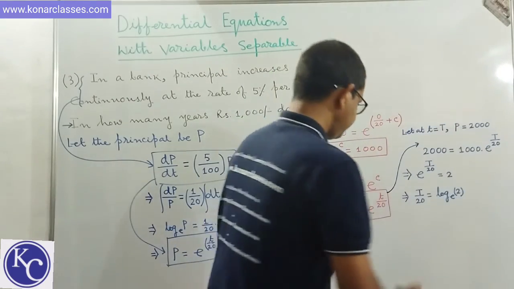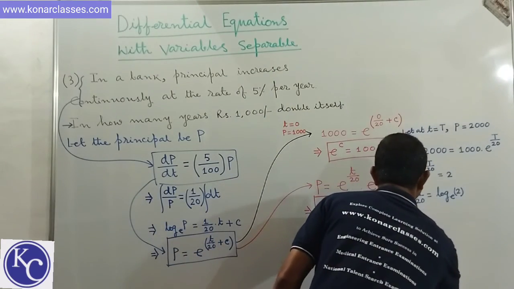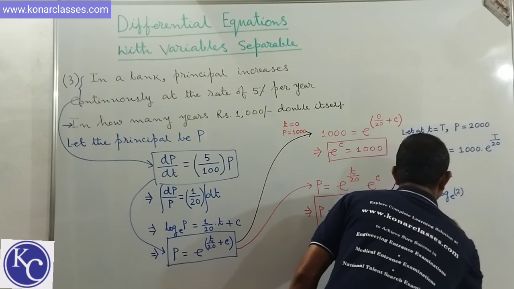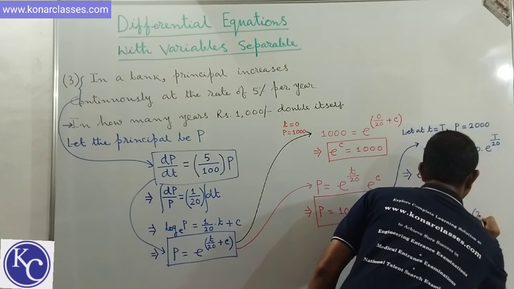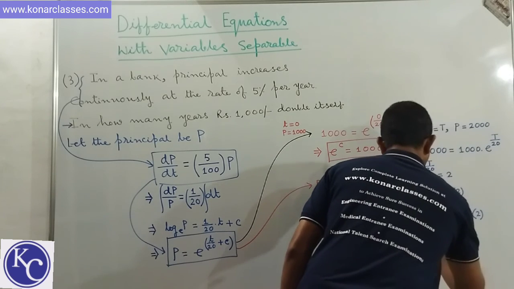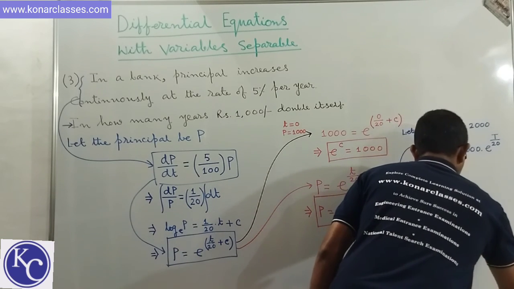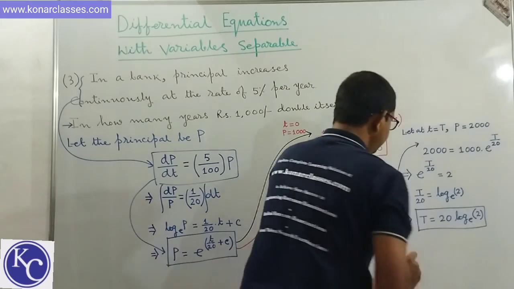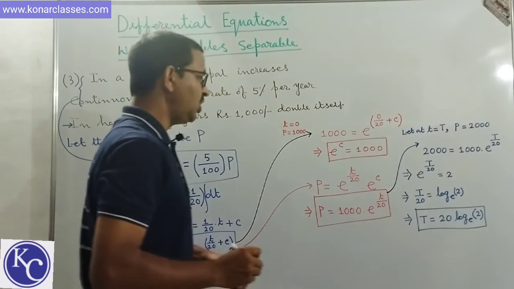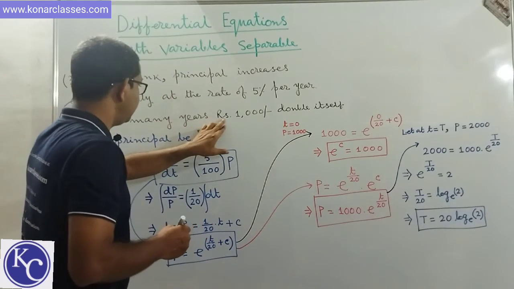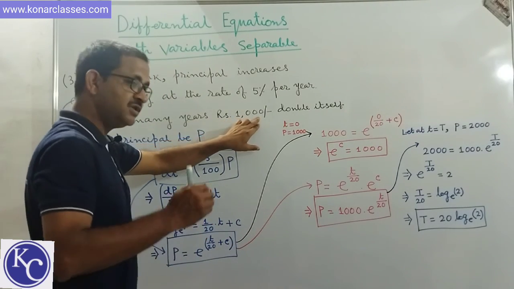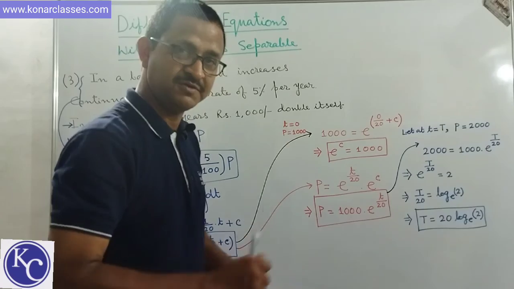So we get capital T is equal to 20 into log 2 base e. So that means, dear students, in this many years, that is 20 log 2 to the base e years, the principal amount rupees 1000 will become rupees 2000.